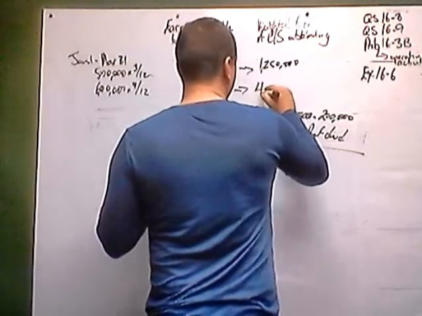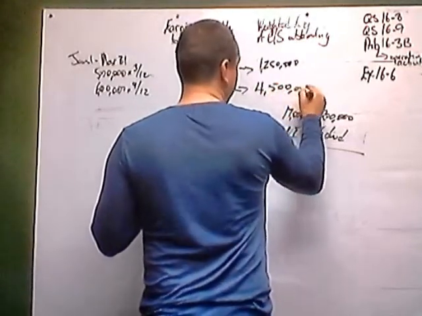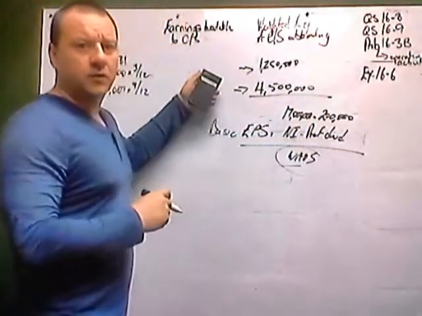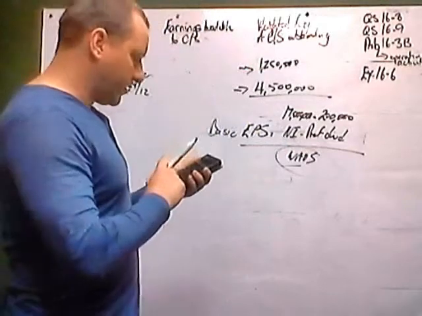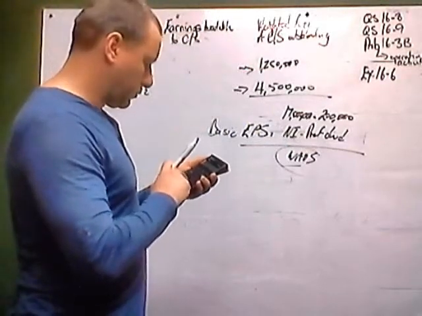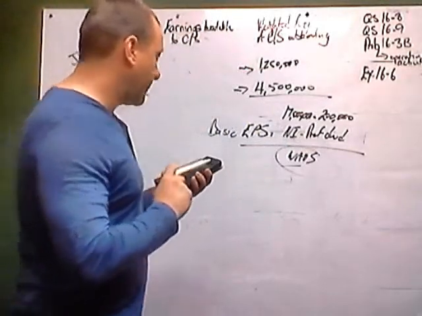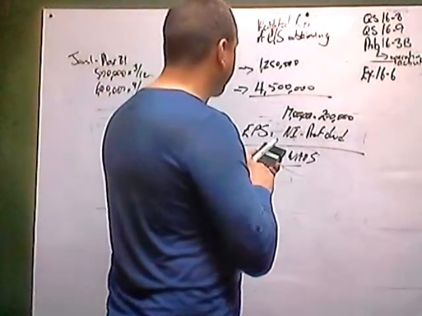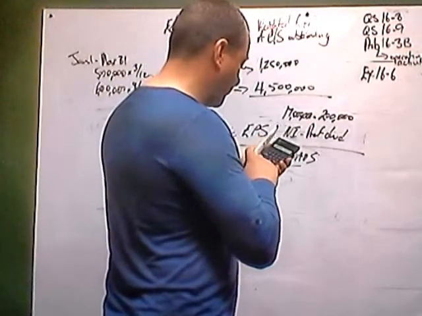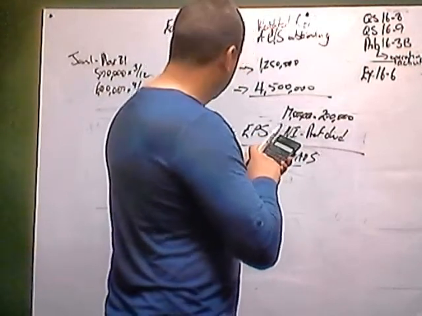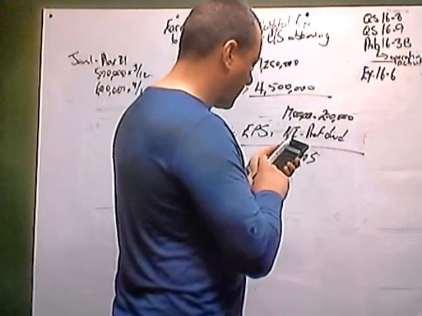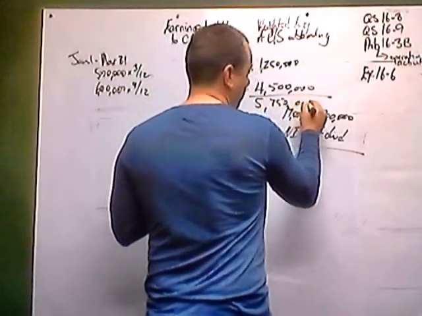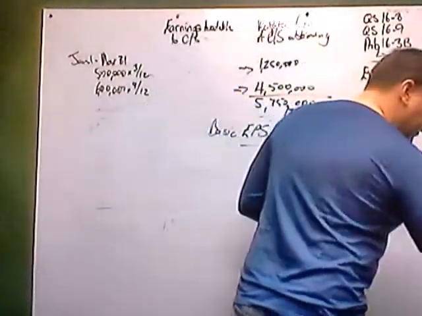We get 4,500,000. We add that together, the 1,250,000 plus the 4,500,000, and we get a total weighted average number of shares outstanding of 5,750,000.